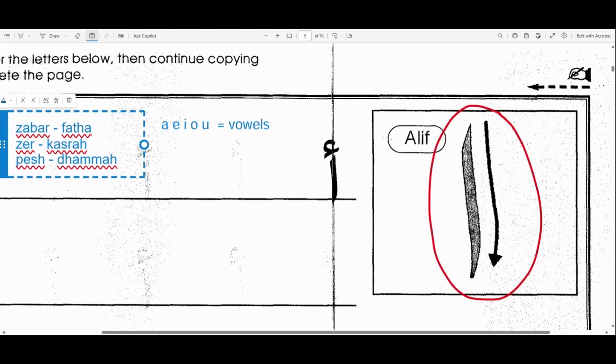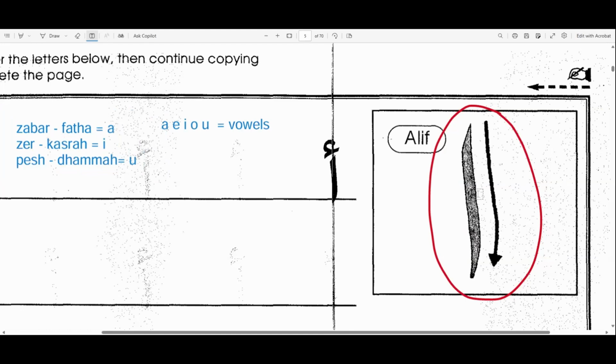The Fatha is like the English letter A, so it makes an A sound. The Kasra is like an E sound, so like the letter I. And the Dhamma is like a U sound, so like the letter U.